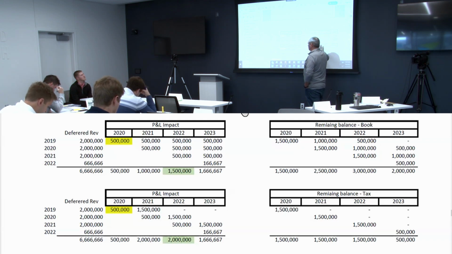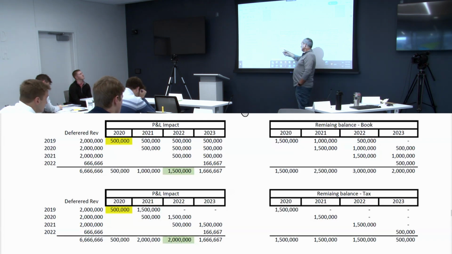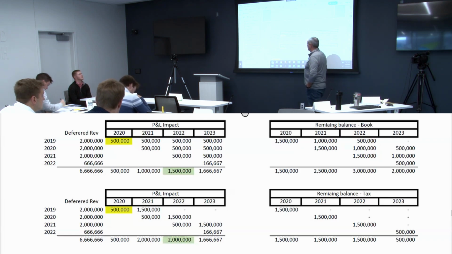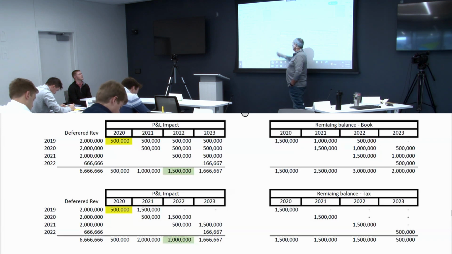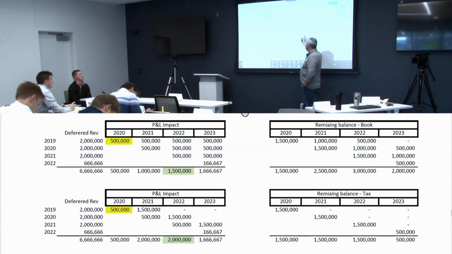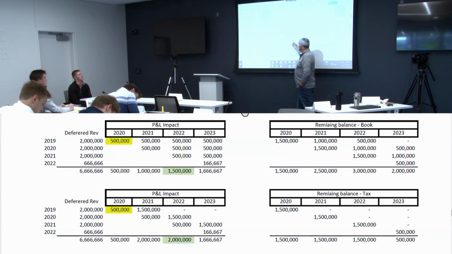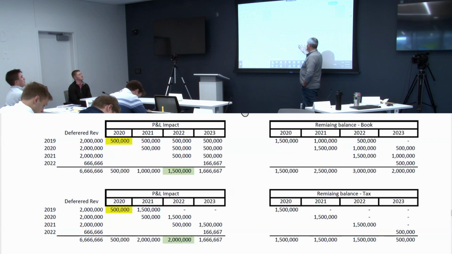For tax purposes, you recognize whatever in year one and the remaining amount in year two. So for deferred revenue, in year one, I have $2 million that I'm recognizing over 4 years. Year two, over 4 years. Year three, over 4 years. Year four, why the hell I used $666,000, God only knows. Have no idea.